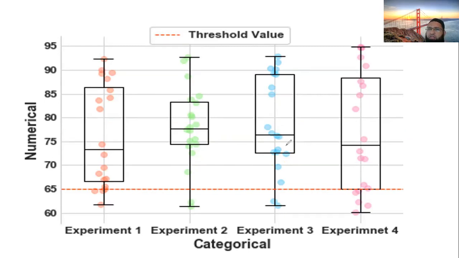Is the data for these 4 experiments normally distributed or not? Why? All the data is lying between the whiskers. There is no outlier. The first conclusion is that in all the 4 experiments, there is no outlier.